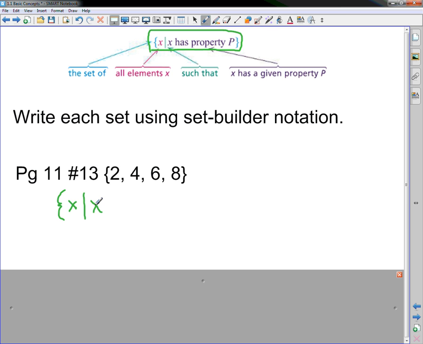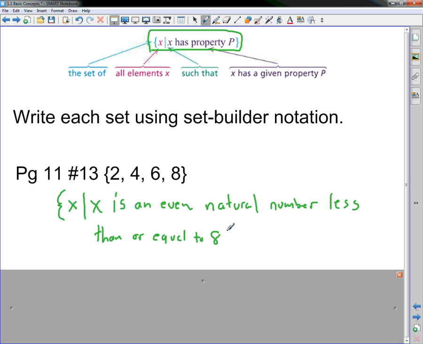So x is an even natural number less than or equal to 8. Always close our set braces. So we have less than or equal to 8. It's even numbers, and we're natural numbers because we're only going to 2.